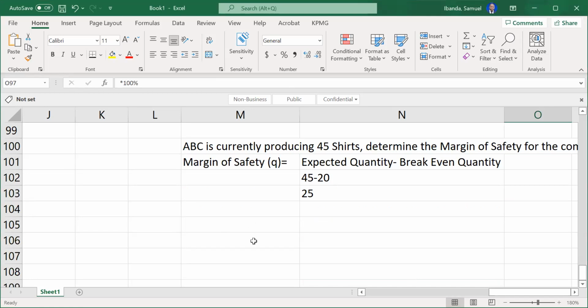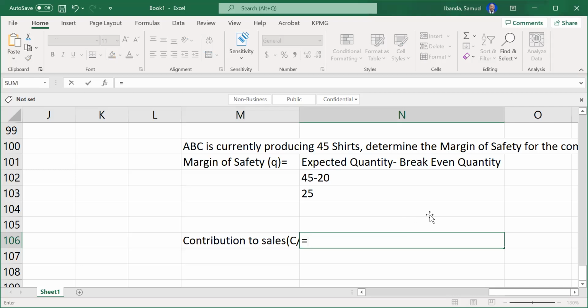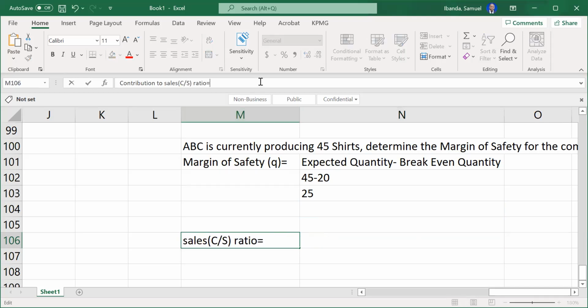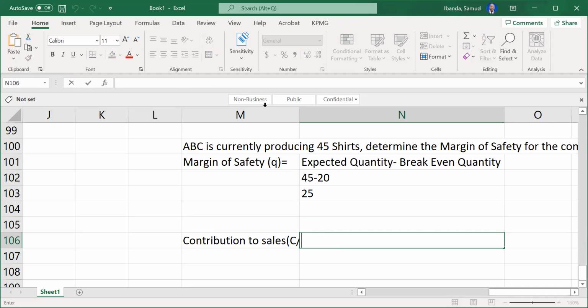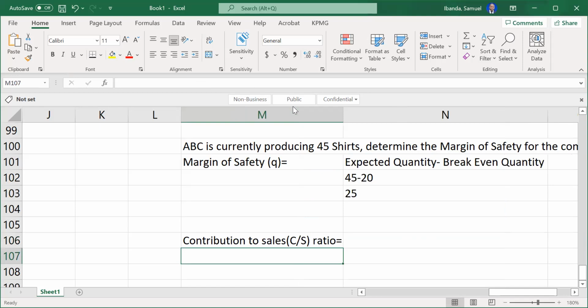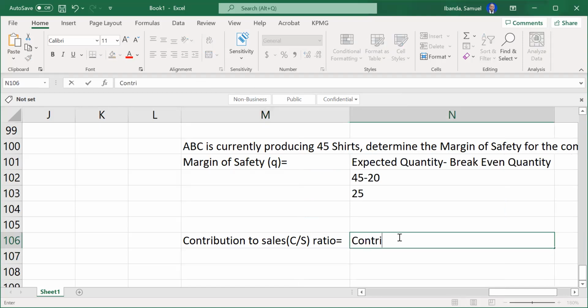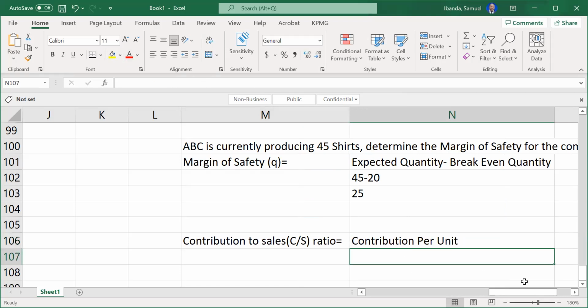There's another term that we also call contribution to sales ratio. Now, contribution to sales ratio is usually given by contribution per unit as our numerator, divided by the selling price.